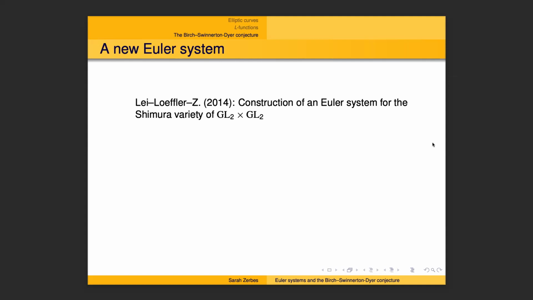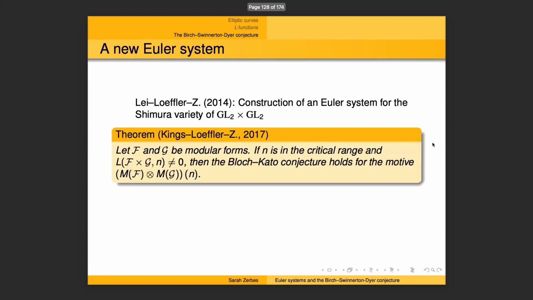So in some sense, it was still a fairly easy case, right? Because it's just a product of 2 groups, which we understood fairly well. So we were able to prove it's non-trivial. And together with Guido Kings, we proved the following result. So let f and g be modular forms, and let n be an integer in the critical range.